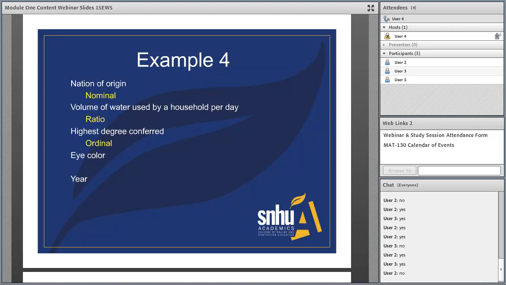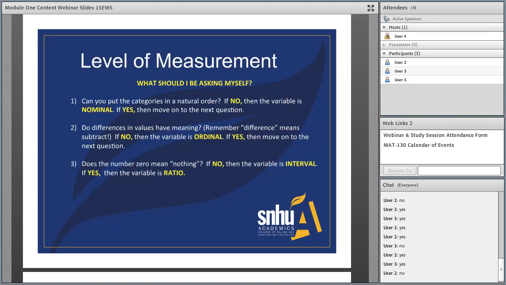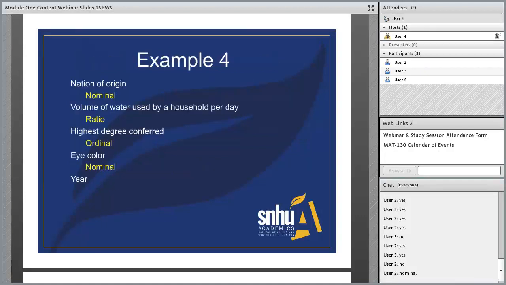Okay, how about eye color? I'll let you go through these questions on your own and tell me what you think the variable is. Good, right? Because the variable is nominal, because you can't even put these in a natural order. Okay, and how about the year?